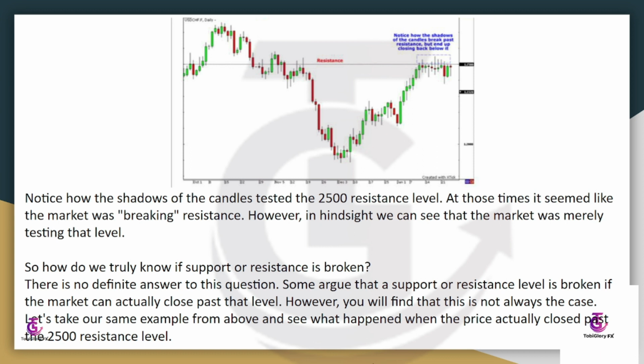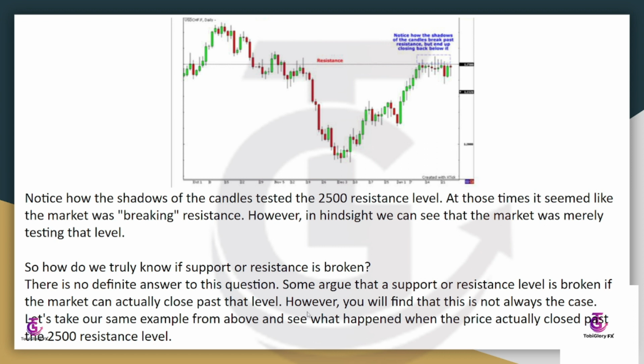So how do we truly know if support and resistance is broken? There's no one definite answer to this question. Some argue that a support or resistance level is broken if the market can actually close past that level.